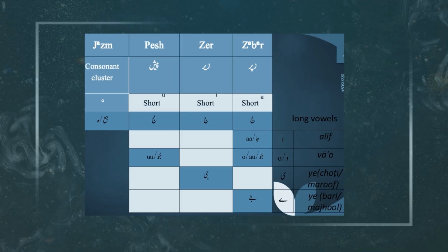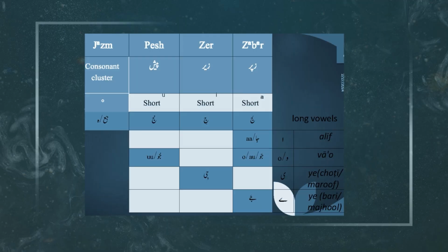We have learned a lot about these diacritic markers, long vowels and this consonant cluster, how they work and how they give the sound. At times they push the sound, they pull the sound. We have learned about these things in our previous classes.